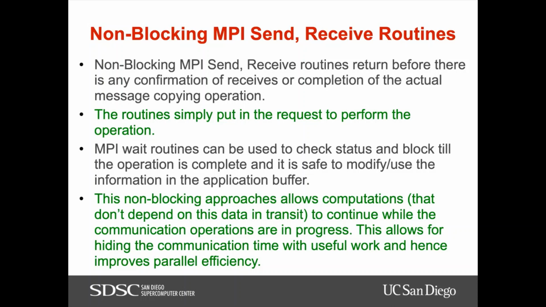What you could do is do the boundary points first and do a non-blocking send receive, and then continue on and do the rest of the points in the domain that don't need any information from the neighboring tasks, and then go back and check if the original send receive got finished, and then go on to the next time step. What that does is, if your domain is large and your boundary is small, which is usually the case, right?